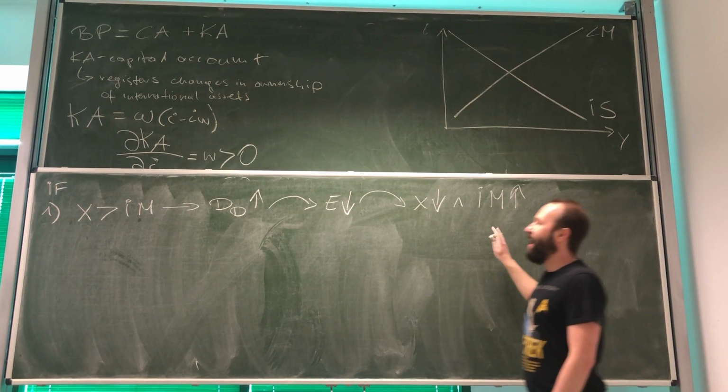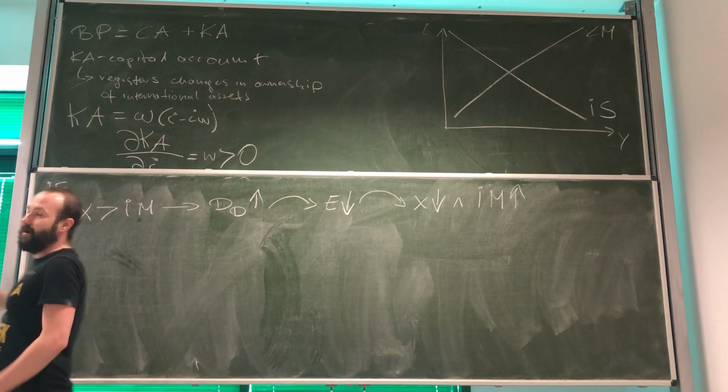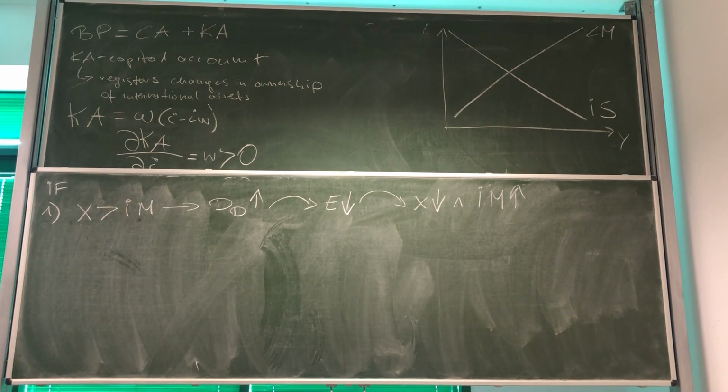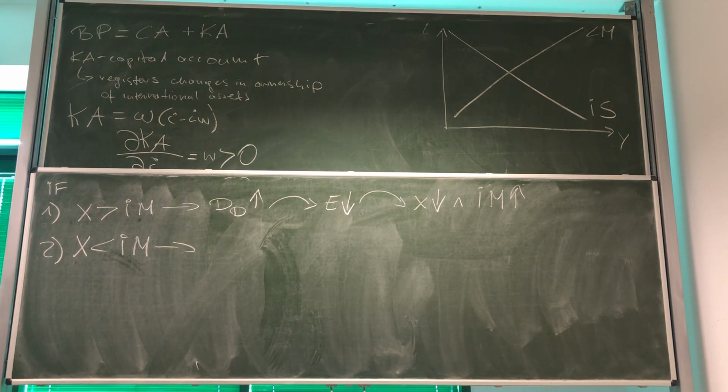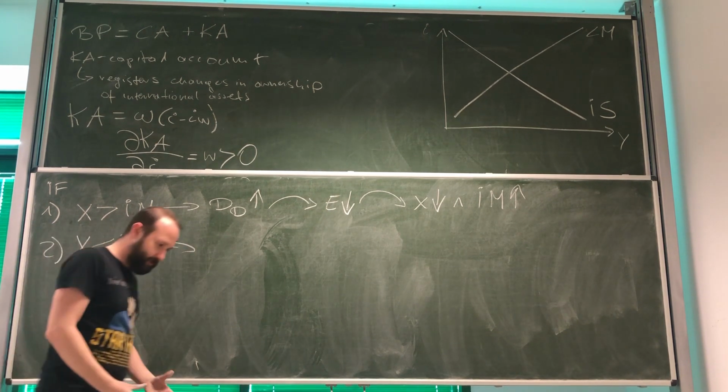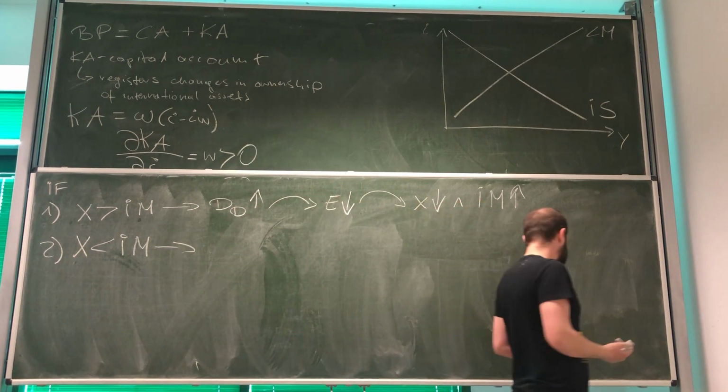And look, okay, before we actually get to the final conclusion, let's consider the opposite. Now look, if exports are lower than imports, this means that we buy more of foreign goods than they buy of our goods.